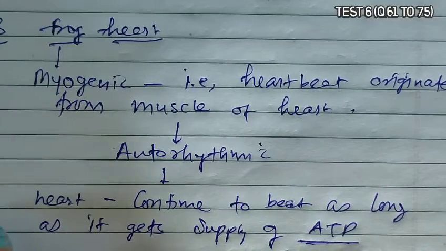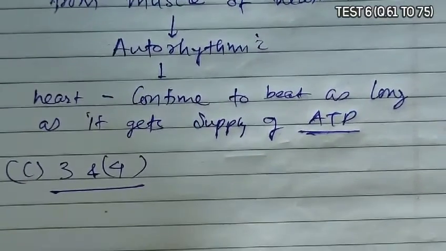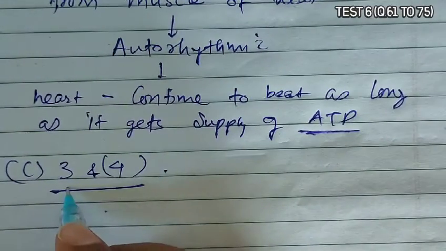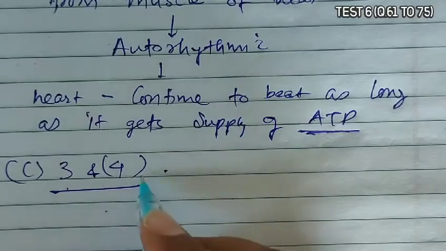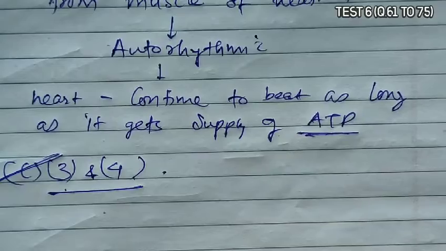So option C, 3 and 4, is correct, because 3 is heart is myogenic and 4 is heart is autorhythmic.